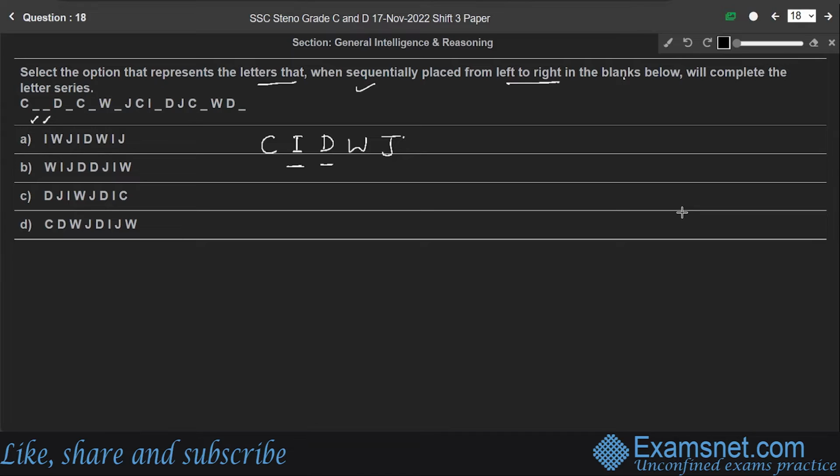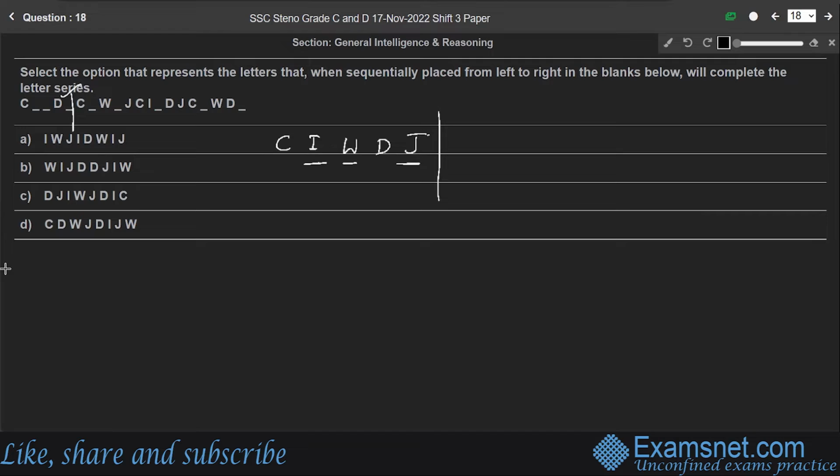So C, I, W, D, J. I and W are filled in the first two blanks. Next we have D, so the third blank should be filled with J. And it repeats.